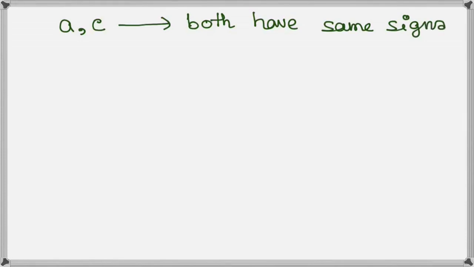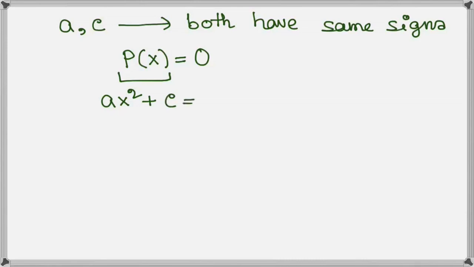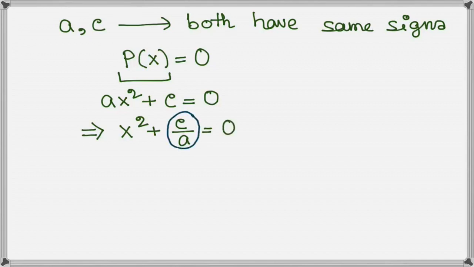Now we write what is our first equation, p(x) is equal to 0. So this is ax square plus c is equal to 0. From here we can write this in the form x square plus c divided by a is equal to 0. Let us call c divided by a as some constant c prime.